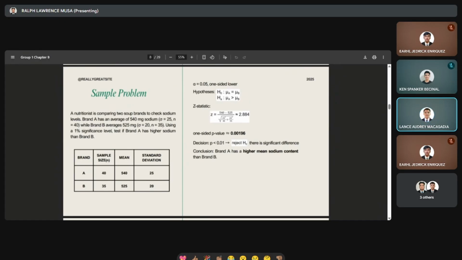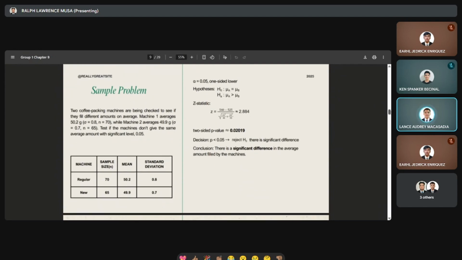Since p is less than 0.01, we reject the null hypothesis. So the conclusion for this sample problem is there is strong evidence that brand A has higher mean sodium content than brand B at the 1% significance level. Next slide, please.